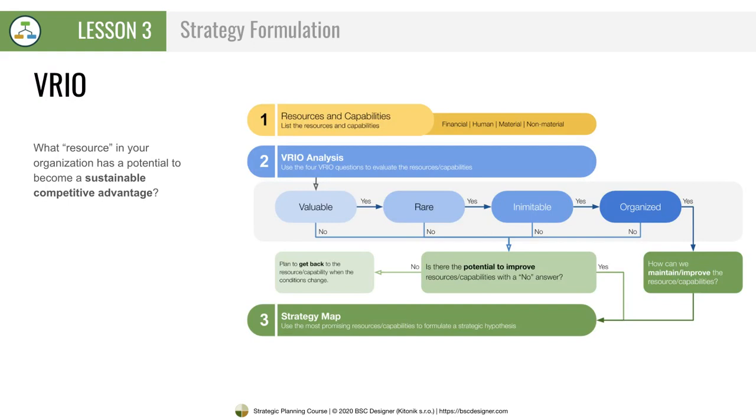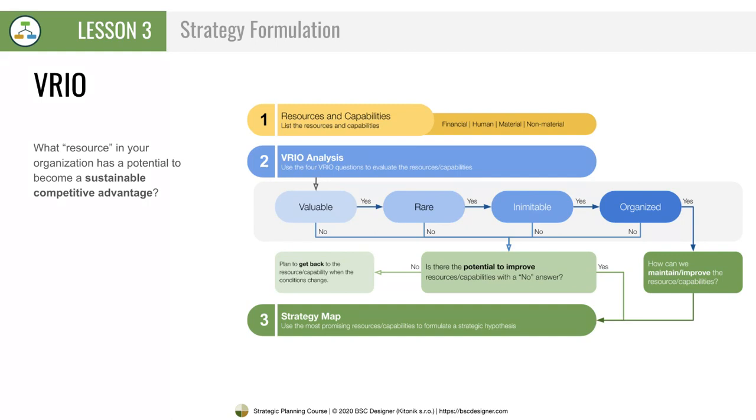VRIO analysis. VRIO analysis helps to look at the potential of a certain resource to help achieve sustainable competitive advantage. The diagram summarizes what VRIO analysis is about. We analyze various resources, step one. We check if those resources are valuable, rare, inimitable, and organized, that is, actually used.